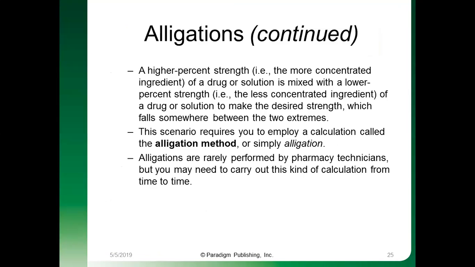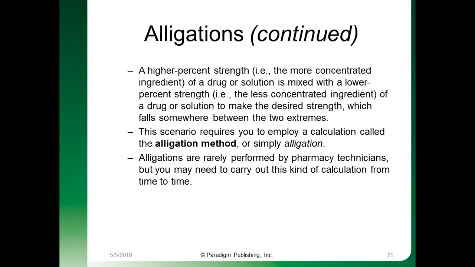A higher percent strength, the more concentrated ingredient, is mixed with a lower percent strength, the less concentrated ingredient, to make the desired strength, which falls between the two extremes.